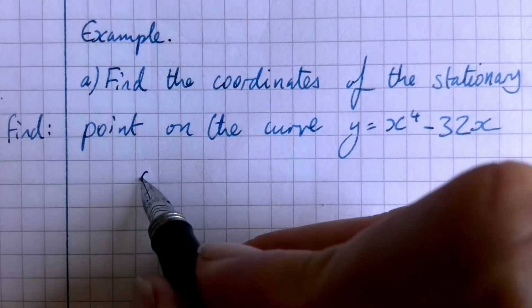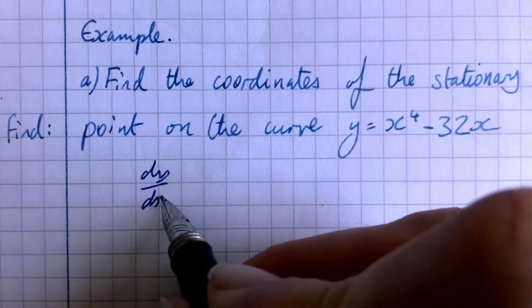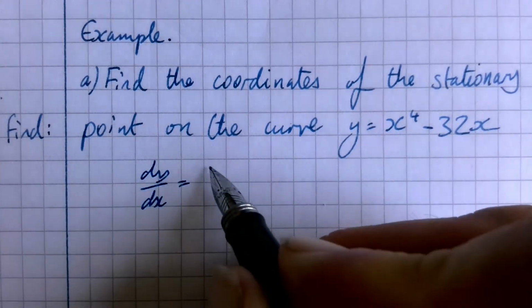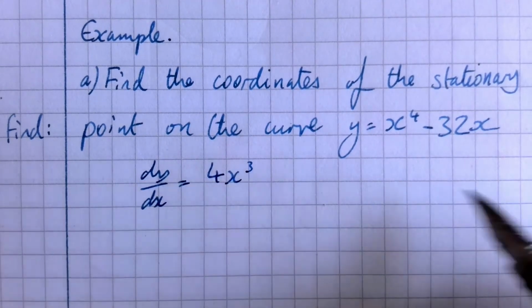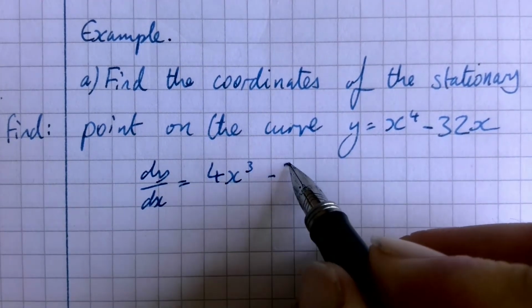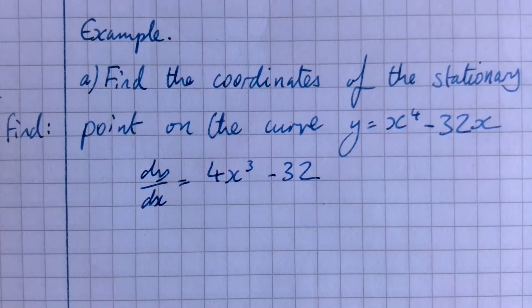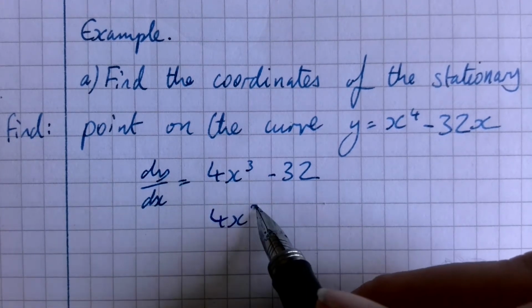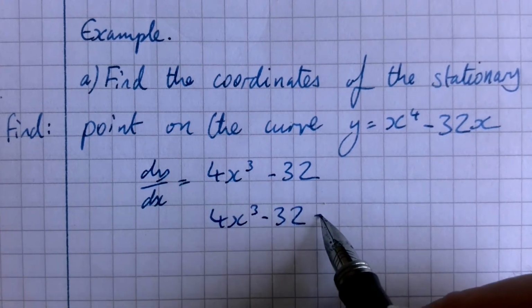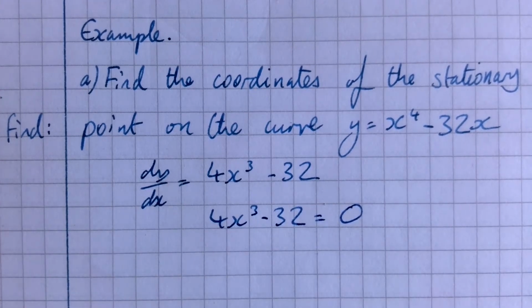So you should have dy over dx is equal to 4x cubed take 32. So that's the gradient function, and we need to know what point x is equal to that. So we need when that is equal to 0, then it'll be a stationary point.